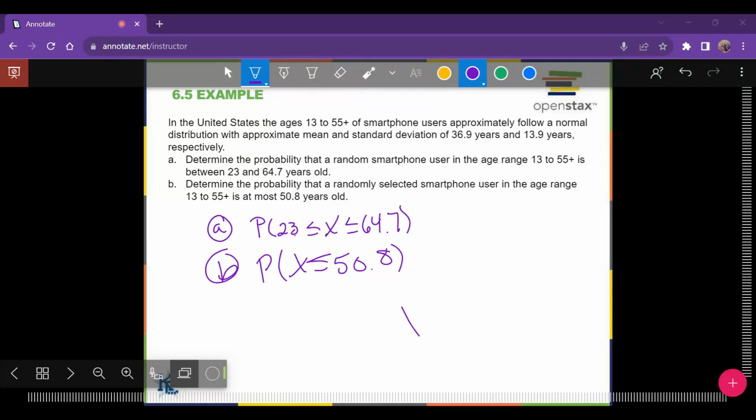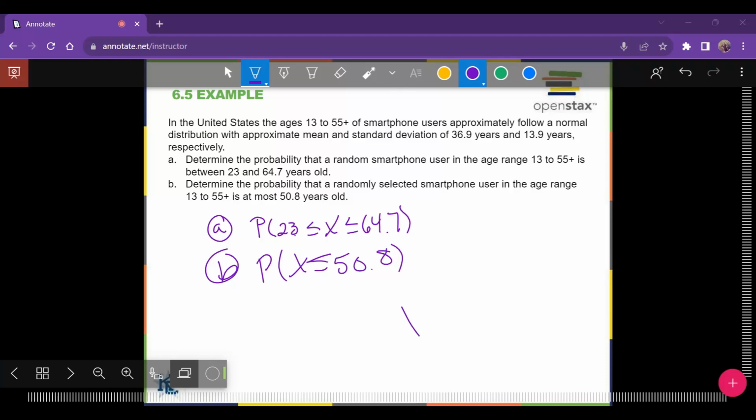So for this one here, we have the normal distribution. Again, this is between, so we're going to take the bigger information and then subtract the smaller. So we have 64.7 with a mean of 36.9 and a standard deviation of 13.9.